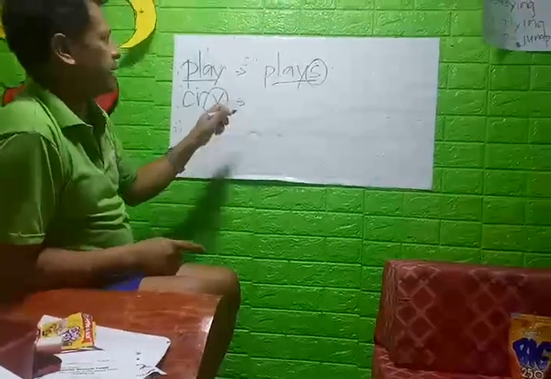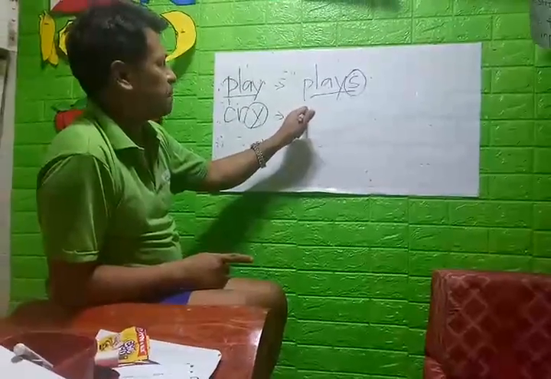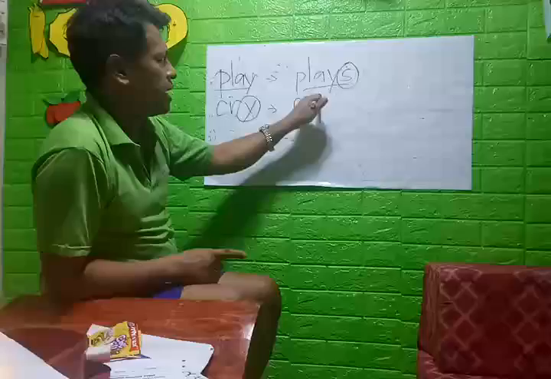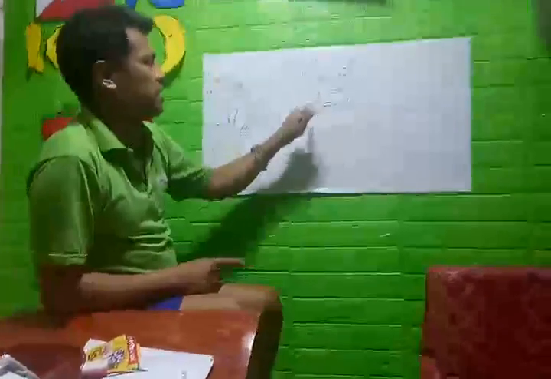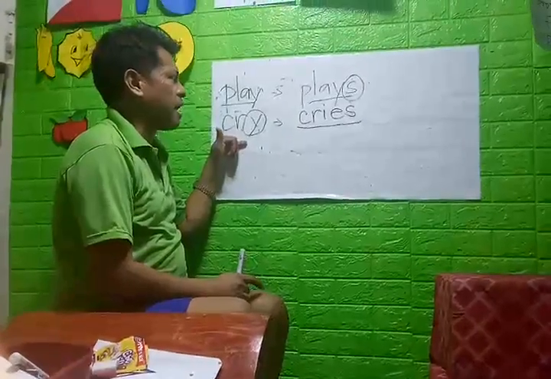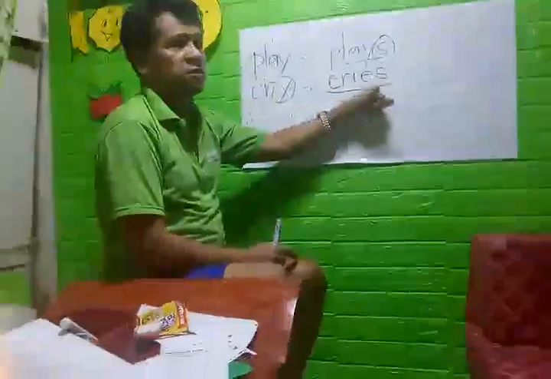So if a word ends with y, to form the simple present tense of it, we just have to change y to i. So change y to i, then add es. So this is the word that we have now, cries. So from the word cry, it would become cries. So this is the simple present tense of the verb.